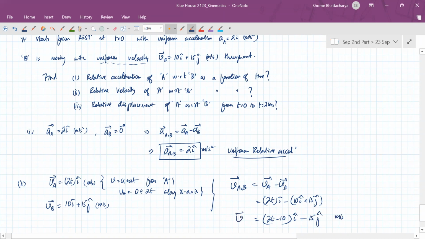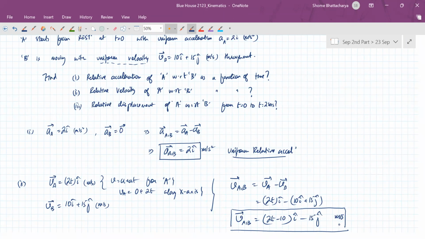So this is one way of calculating the relative velocity. I'll discuss another way also, but this is one way. And probably this is the simplest way of understanding it.